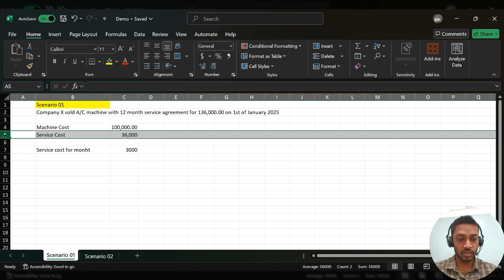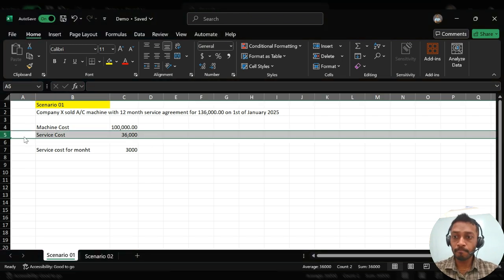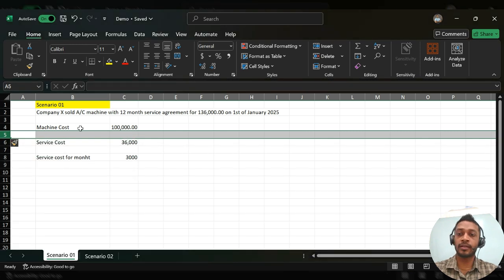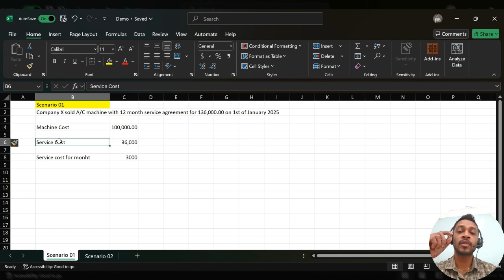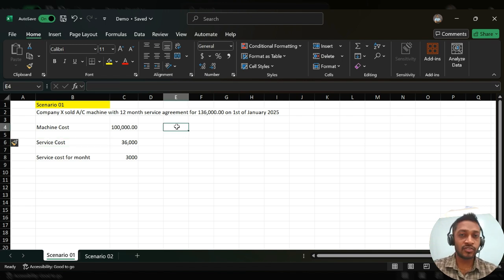Let me show you the double entries. The machine is a separate transaction, and the service is a separate transaction. Yes, it's the same agreement, but a separate performance obligation as per the standard. For the machine cost, imagine we are receiving cash.